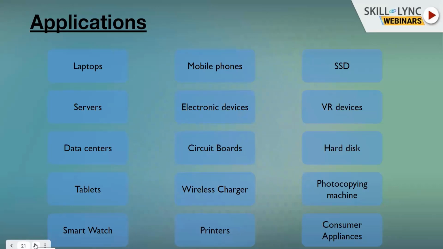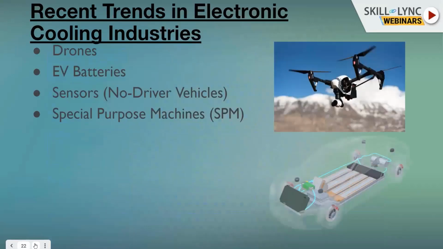Please go to the next slide, Saisuma. There are recent trends in electronic cooling industries. Only four which I listed. One is drones. Second is the EV batteries. That is the latest trend for the past 10 years. Third is sensors, driverless vehicles.